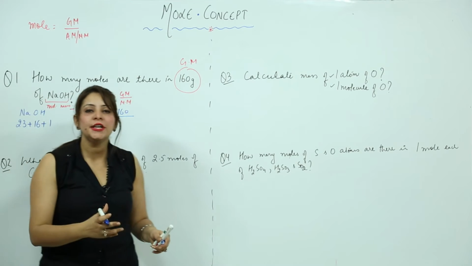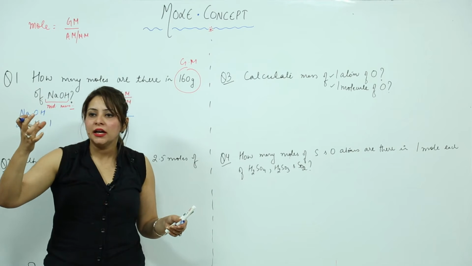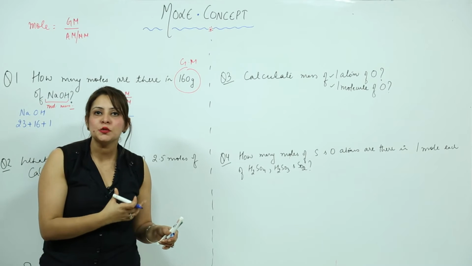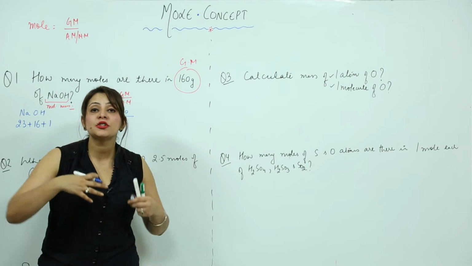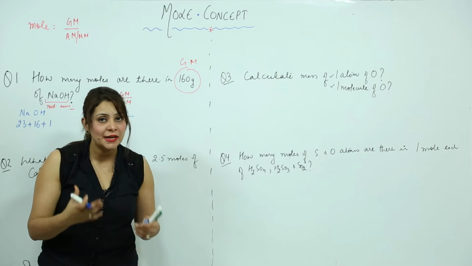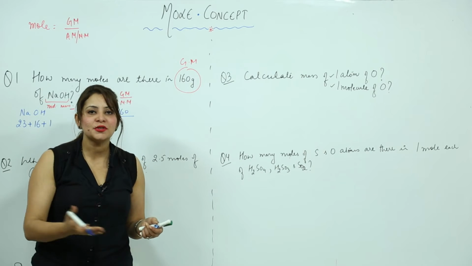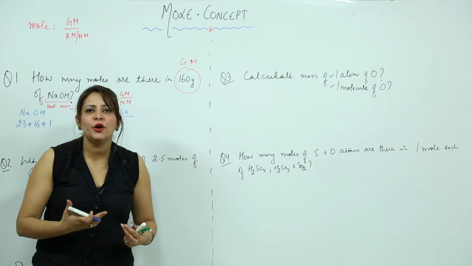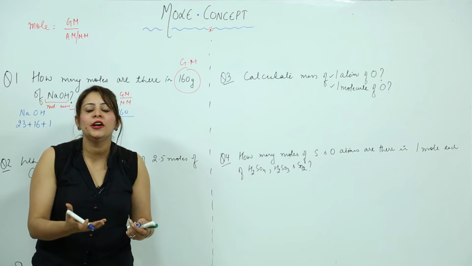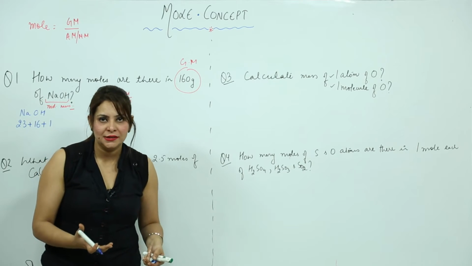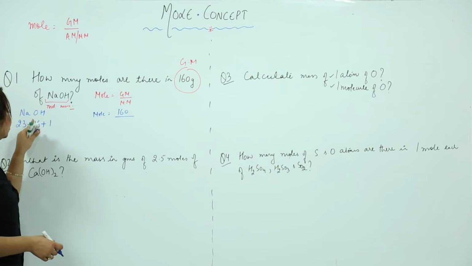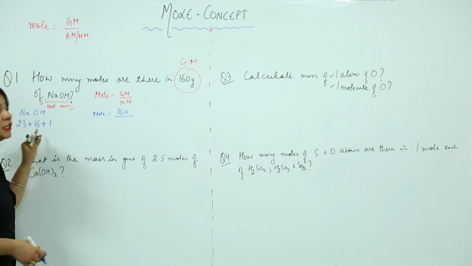Sometimes you will be given the atomic masses, and you just need to add the values according to the number of atoms present in a molecule, but try to remember the atomic masses as well, right? Because in chemistry you are going to study the same elements again and again, so it is better to have an idea of the atomic mass instead of waiting for your teacher to give you atomic masses, right? So as you know, the atomic mass of sodium is 23, oxygen is 16 and hydrogen is 1, because one atom each is present, so I have just added them, right?